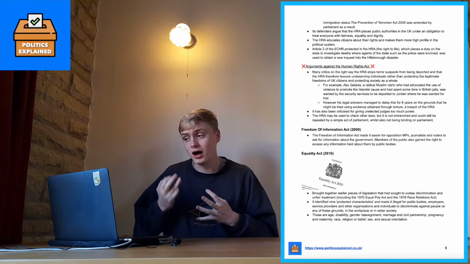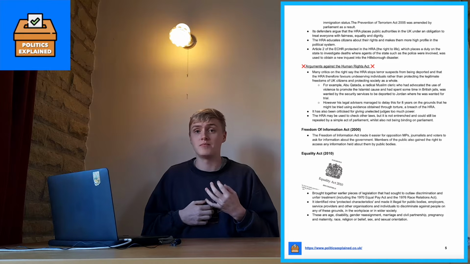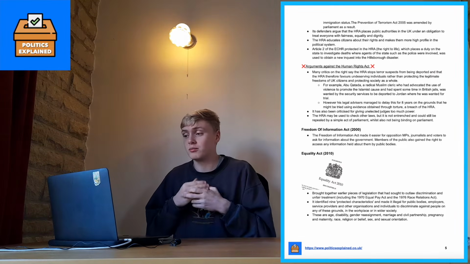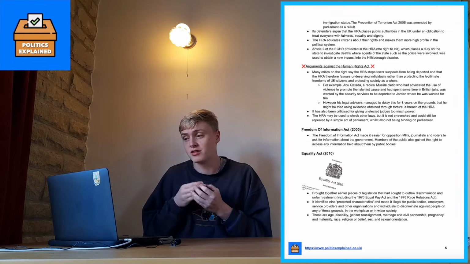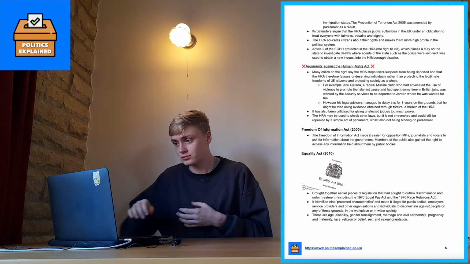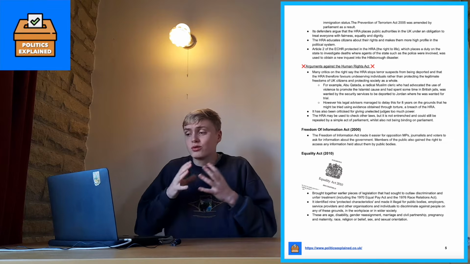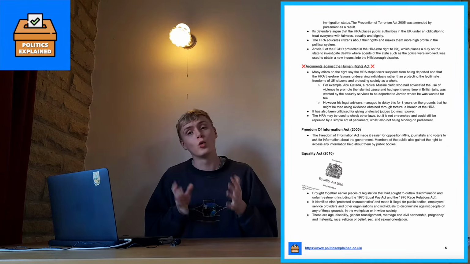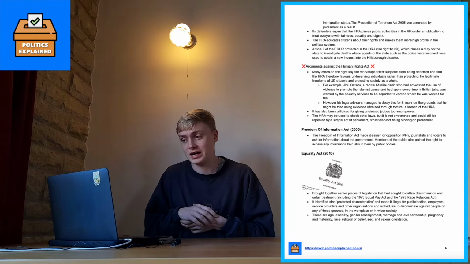As a consequence, Parliament then went back and amended that statute, introducing the Prevention of Terrorism Act in 2005 to replace it. So that's one of the key ideas, that it creates a rights-based culture by ensuring that all laws in the UK have to be compliant with the Act.